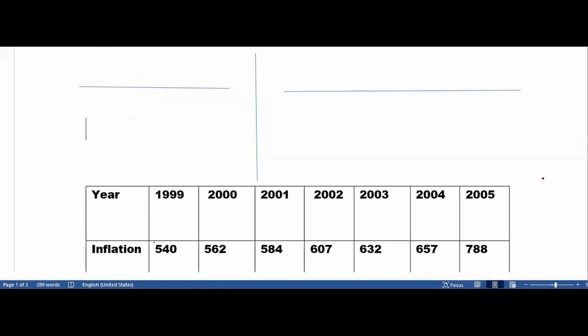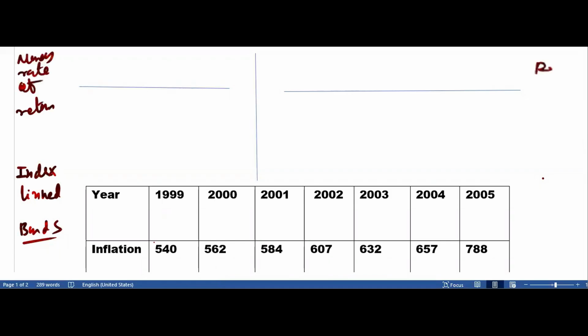Let me write once again. We are talking about index linked bonds. We'll find here money rate of return, and real rate of return. We'll write the values here: 0, 1, 2, where 0 means 2000, 1999 means -1, then 3, 4, 5.